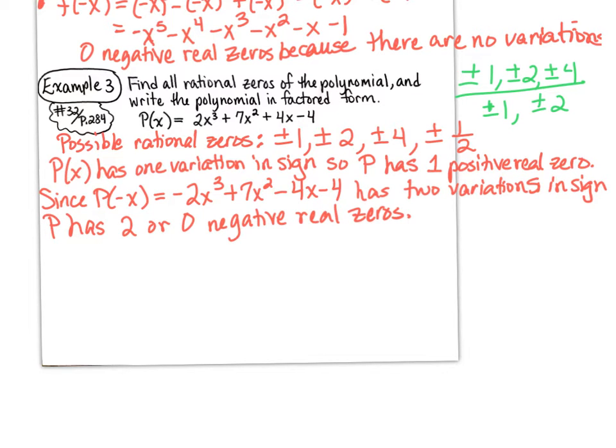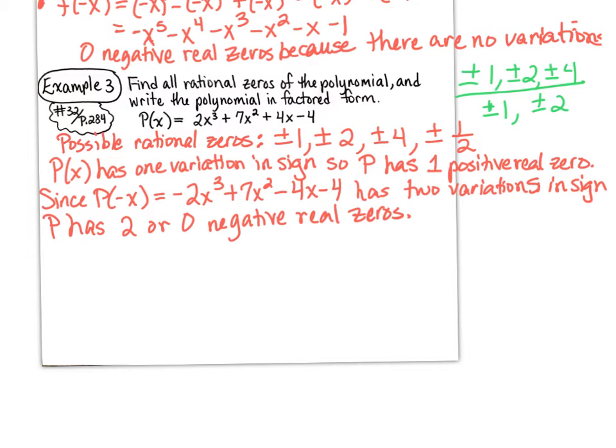Good. So based on what we found, and we know the degree, that means we have how many negative real zeros? 2 negative real zeros, and how many positive? 1. Good.